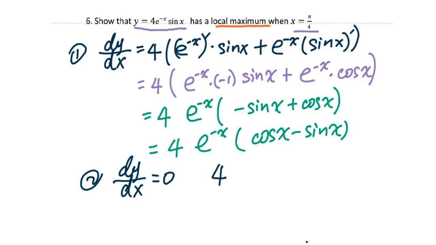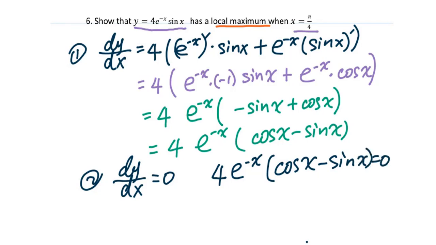So you get 4e to the negative x power, cosine x minus sine x equal to 0. We do know that e to the negative x power is never 0. So you will get the cosine x minus sine x equal to 0.